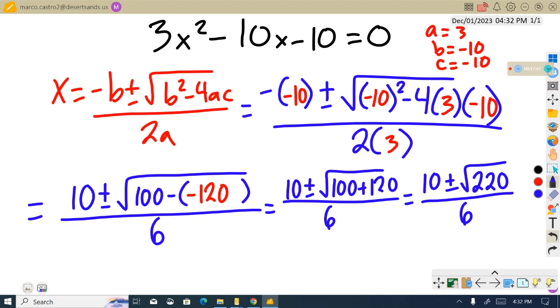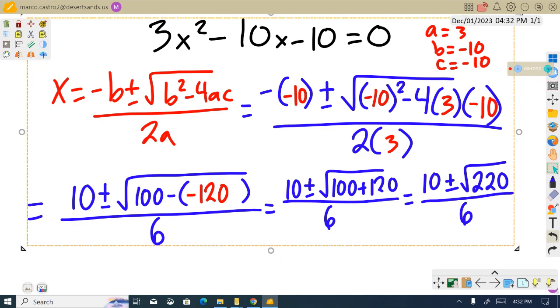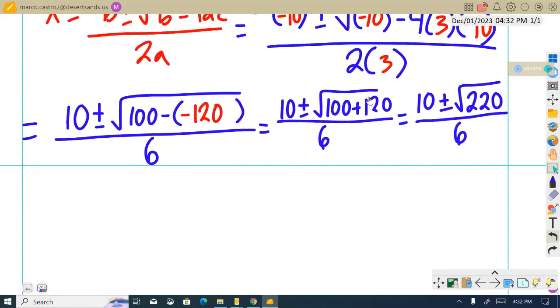So now that we have all of this, we should realize that we just have to simplify a little bit. But like I told you earlier, it looks like this is going to be irrational. We can't simplify this completely. Like, we're going to have to stop at some point.